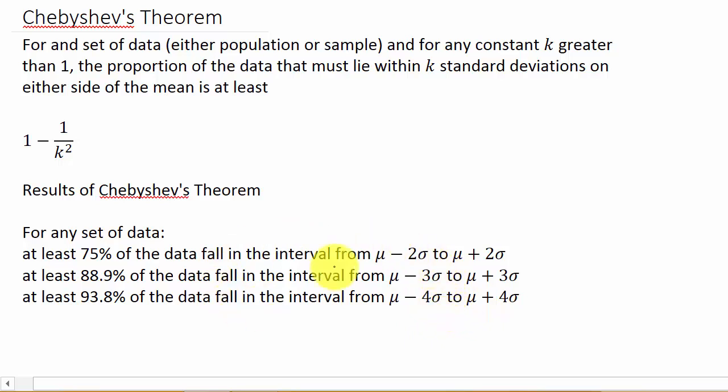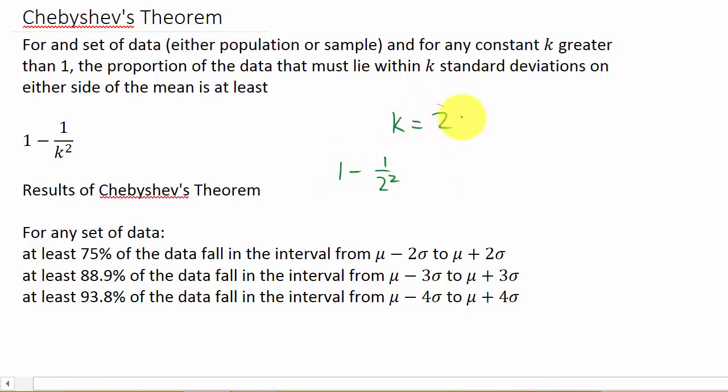So, if you don't remember this, that's fine. Let's say we want to know the percentage of data that falls within 2 standard deviations of the mean. Then we know that k is equal to 2. So the percentage would be 1 minus 1 over 2 squared.